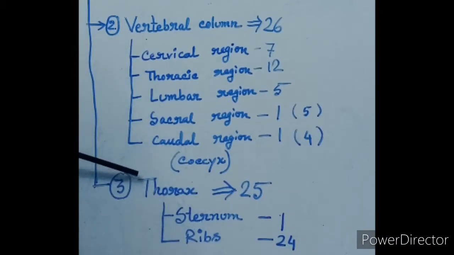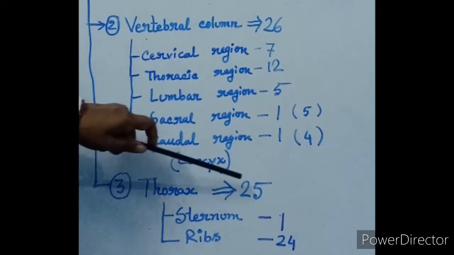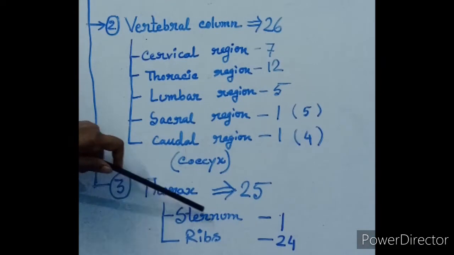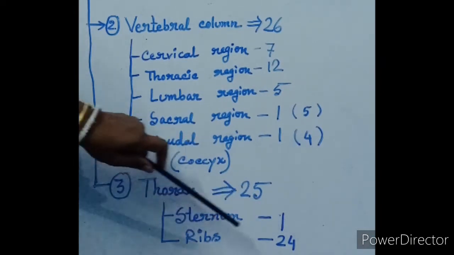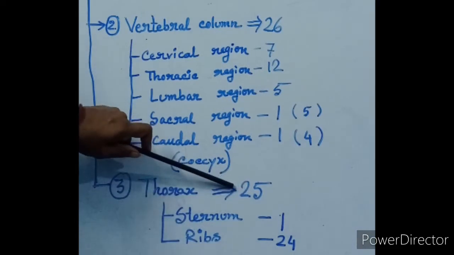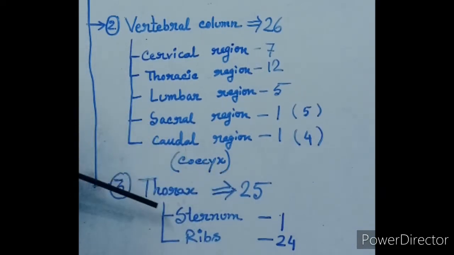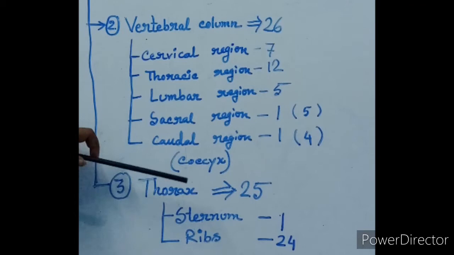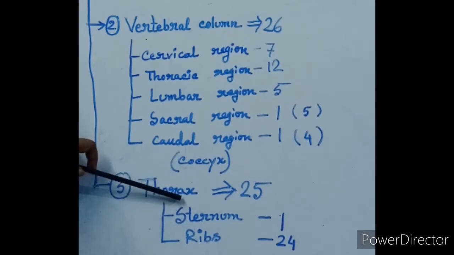Now the third part, the thorax. It has 25 bones: sternum 1 and ribs 24 in total. The sternum is a long, narrow, flat bone. It forms the floor of the rib cage and supports the anterior part of the chest.